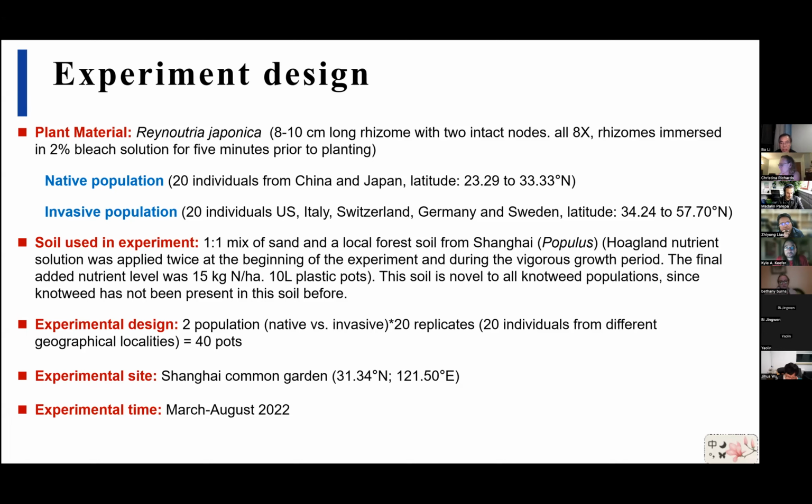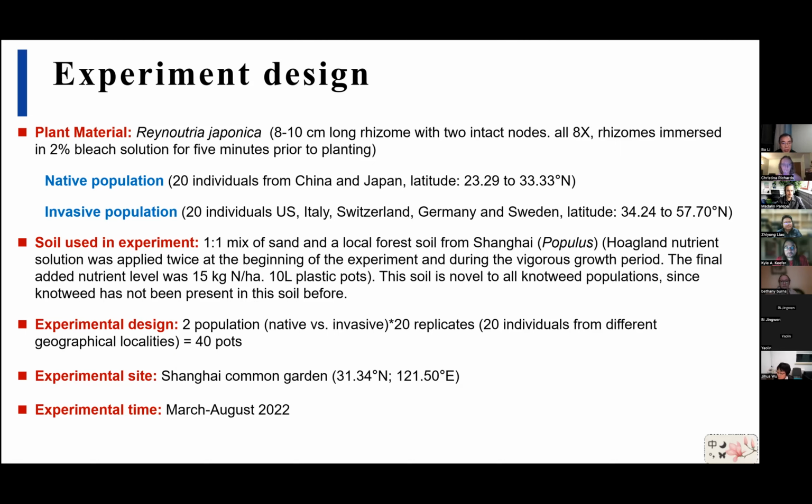So in your analysis, I don't think you needed to take Chinese and Japanese populations together as source populations. I think you should separate Chinese and Japanese populations because they're different. That's the first thing. If you put them together, you will perhaps get a wrong pattern of the results.